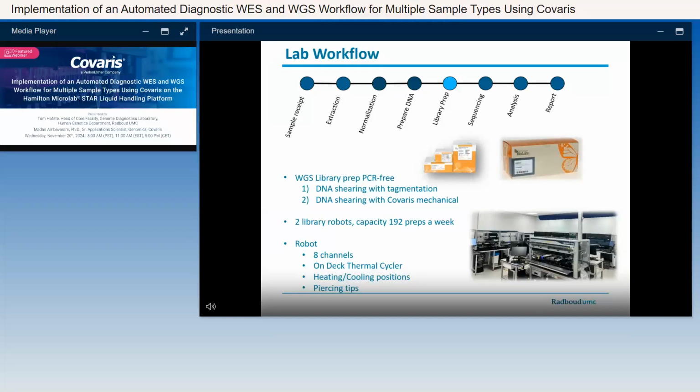At the moment, we have 2 library robots available for this prep with a capacity of 192 preps a week. This robot has only 8 channels and an on-deck thermal cycler for the incubation steps. It's PCR free, but there are still some incubation steps, heating and cooling positions for reagents, and also piercing tips to pierce through the index adapter plates.